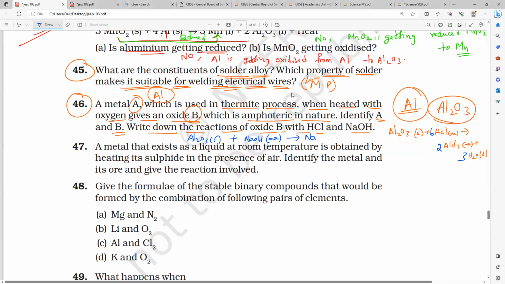Careful. What is the name of this one? Sodium aluminate. Harish, you made a mistake in the formula.